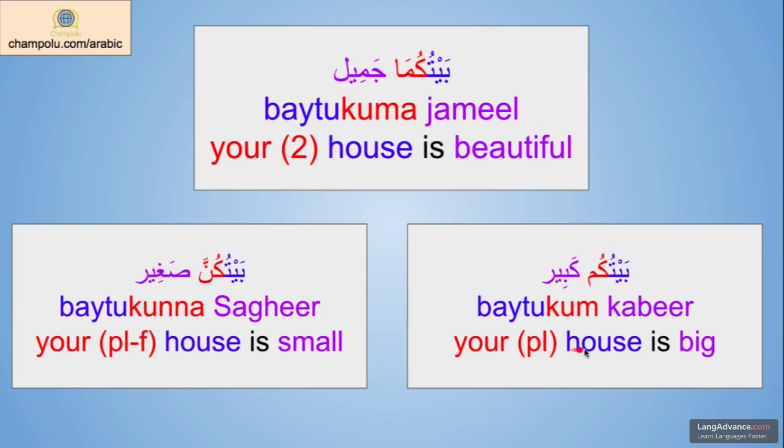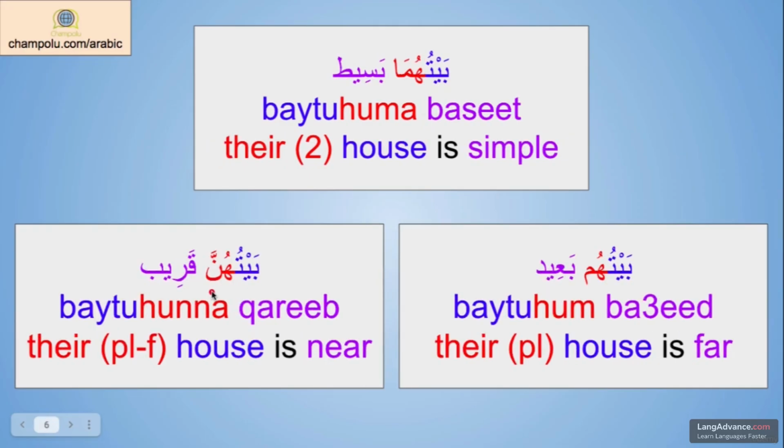Your house is big. And when addressing a group of females and saying your house is small, say baytukunna صغير. Your house is small. And when you're talking about third person, say like their house is simple, two people, you say بيتهما بسيط.